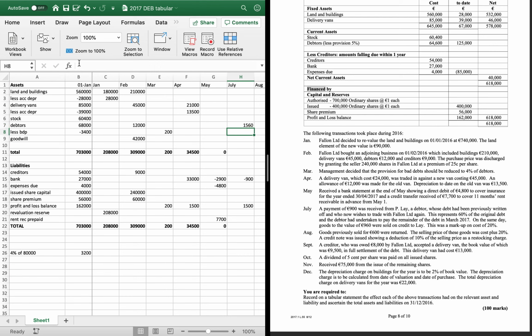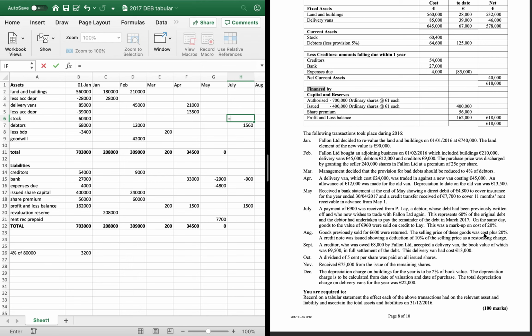Stock then, what happens to your stock? If you've sold them stock, well, you don't have the stock anymore, so your stock levels need to go down. The stock goes down at cost price. So we know that when we change stock, it's always at the lower of cost or value. So in this case, it's cost. The value is 960. The cost is 960 divided by 120 multiplied by 100.